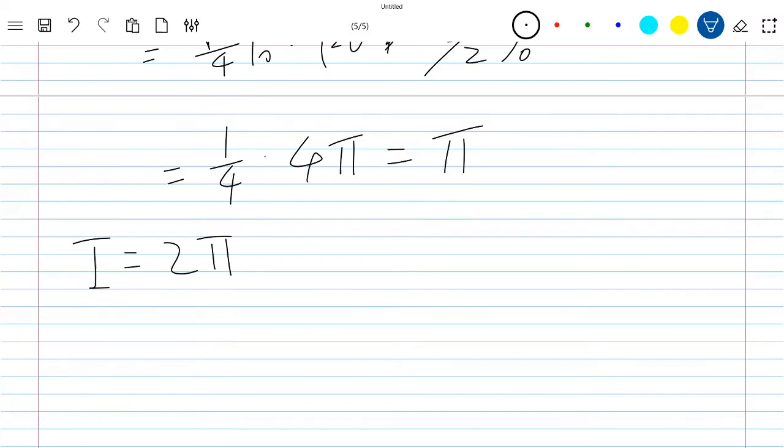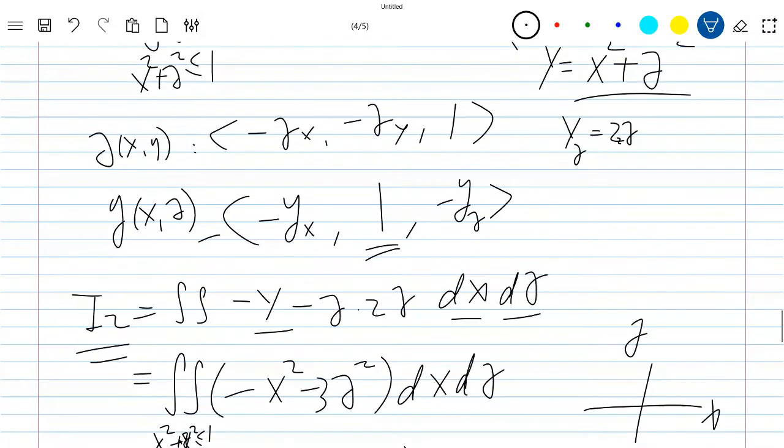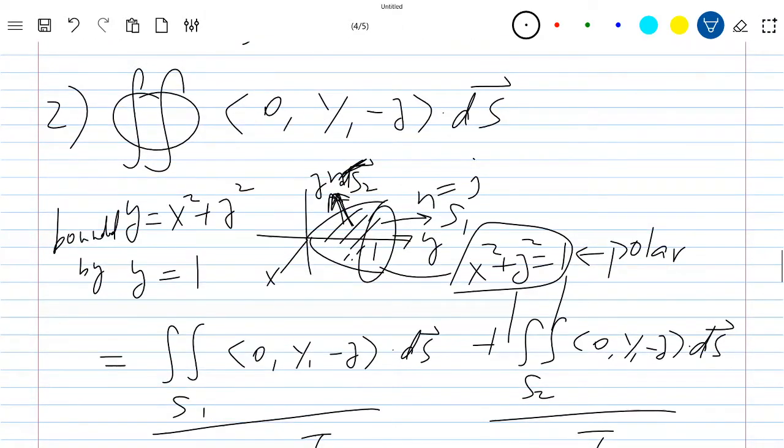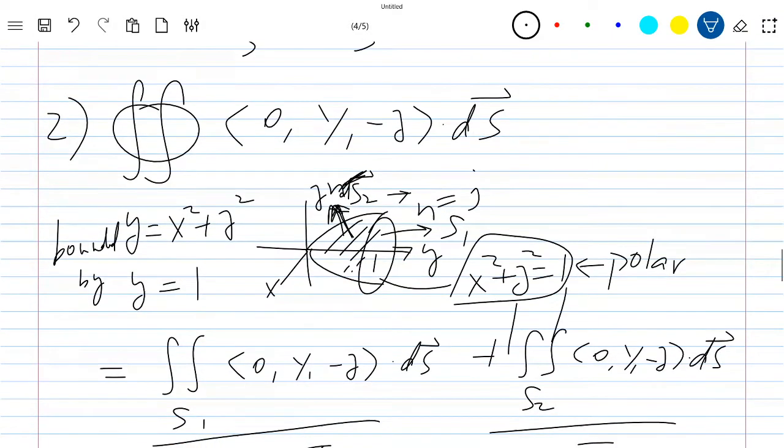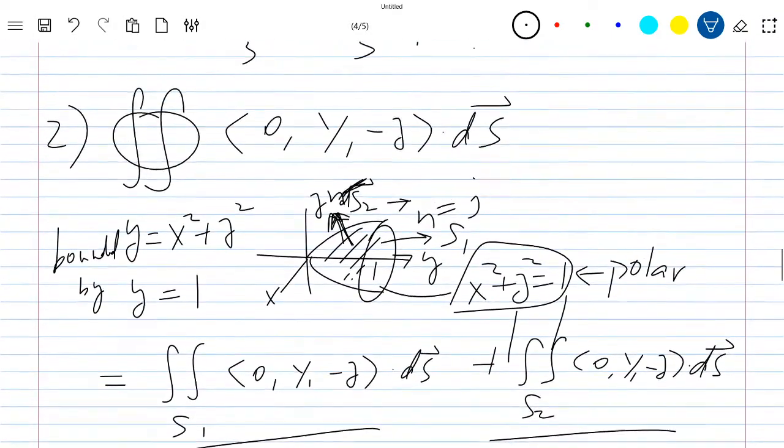Okay. Alright, let's see if this makes sense. It's always good to check. Let's see. y is positive, so the vector field is like this way. And z could be positive or negative.